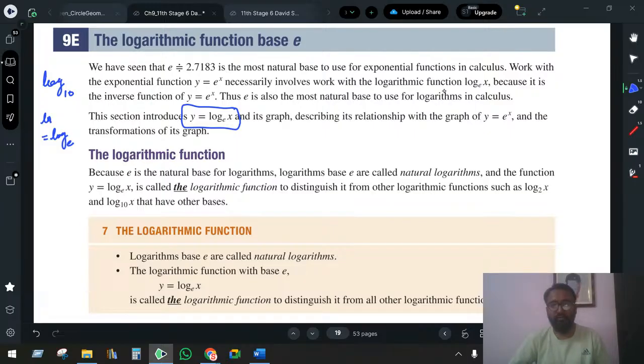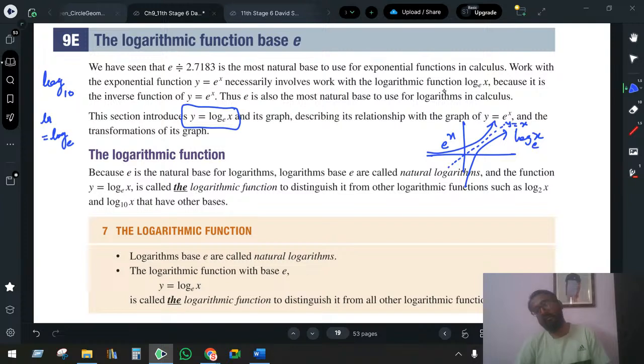If the graph of e power x is this, the graph of log x base e is this. There is the line y equals x, and this is the inverse of e power x, log x base e, and the inverse of log x base e is again e power x.